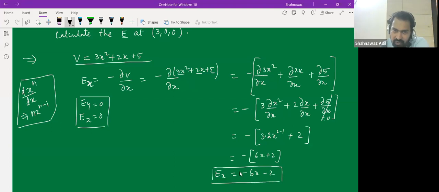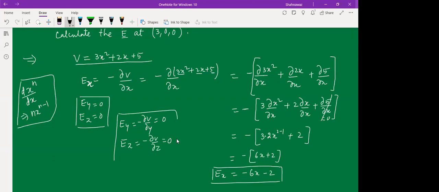And your y is 0, right? And your z is 0. How is it 0? Because Ey would be minus dV by dy. But V is not a function of y, so this would be 0. Again, Ez is minus dV by dz. Again, this is not a function of z, so this would be 0.